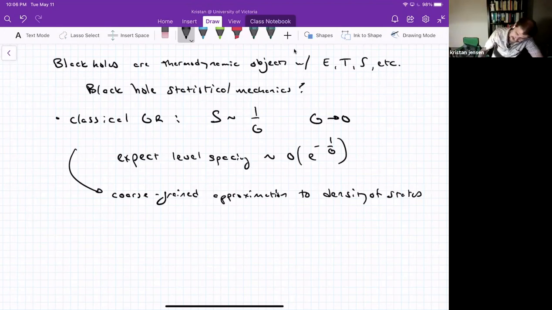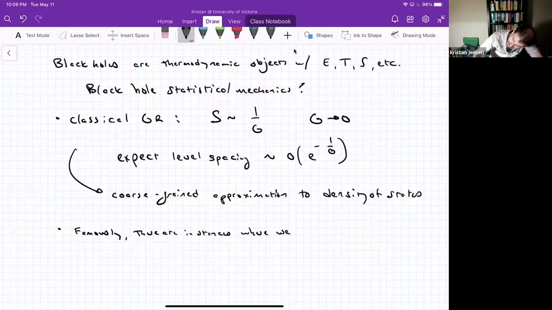Now, famously, in string theory, there are instances where we know that there are black hole microstates. The black holes' thermodynamics can be accounted for in terms of microstate counting, and we can enumerate what the microstates are.